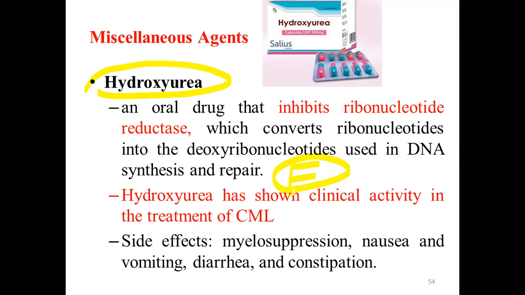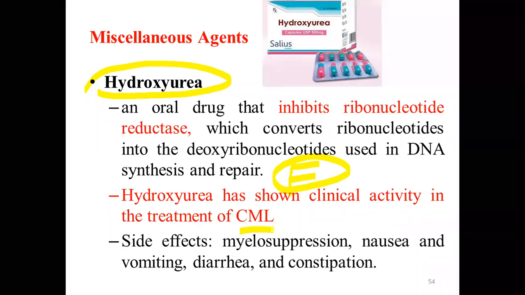One role of hydroxyurea in management of sickle cell disease is that it enhances the production of fetal hemoglobin. By promoting the production of fetal hemoglobin, it reduces the tendency of sickling of RBCs. That is why hydroxyurea is useful in management of severe cases of sickle cell disease. Similarly, hydroxyurea is also useful in management of cancer, mainly chronic myeloid leukemia.